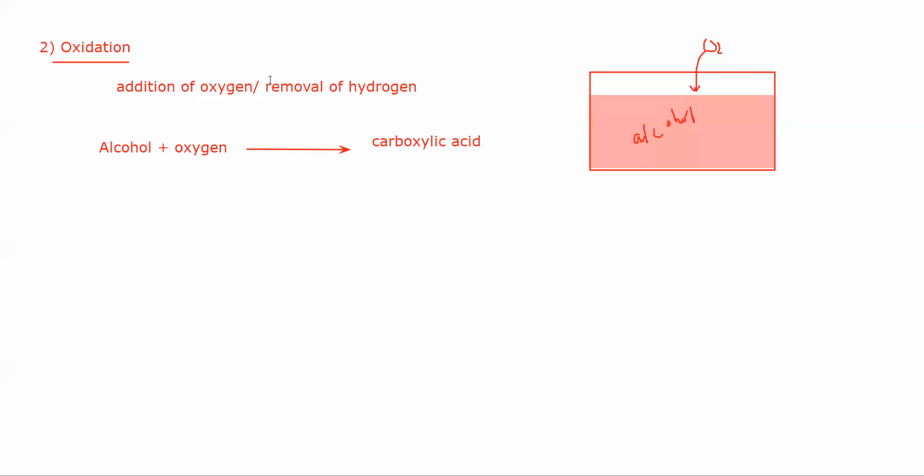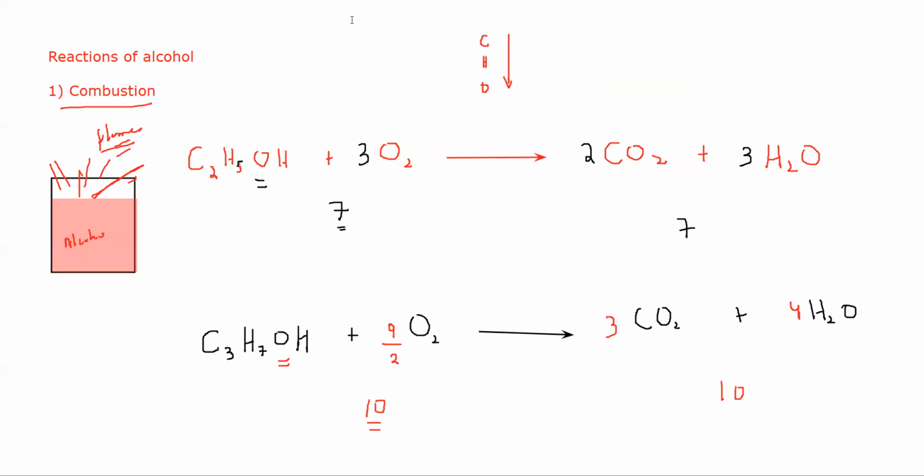Sir, how are we going to know the difference? In combustion, the product is carbon dioxide and water. Yes, it's burning. When you burn something and it contains carbon, hydrogen, and oxygen, the result is carbon dioxide and water. But here you are not burning.